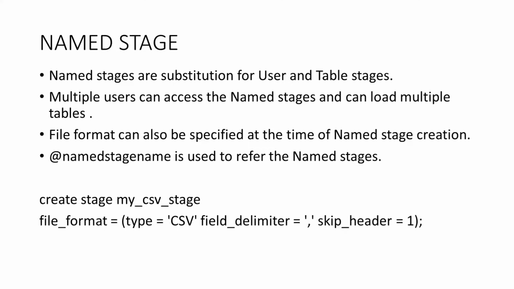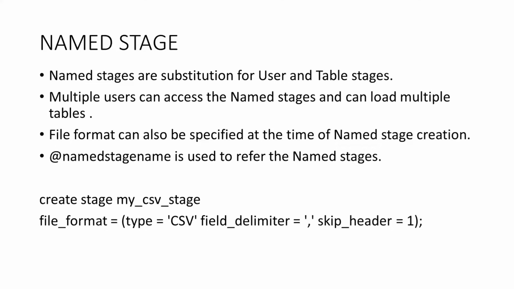It means it's an alternative, because they have certain limitations: you cannot change or remove them, or have your own file formats. But they have separate use cases. If you say, no, I don't want to do it like that, I want to have my own name and my own file format, then of course go with named stages. Named stages are a substitution for user and table stages.